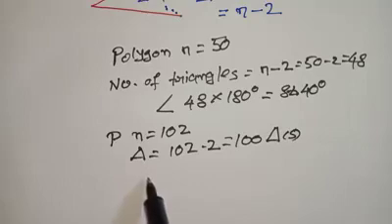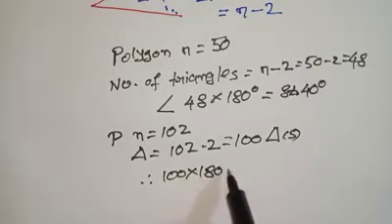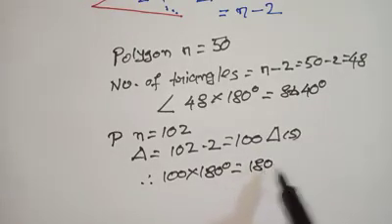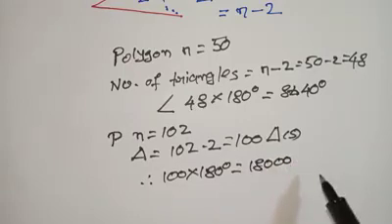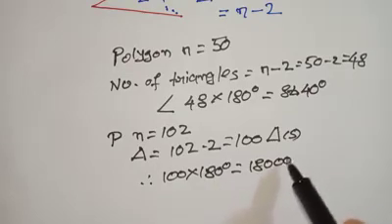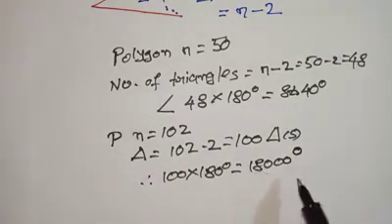And the sum of the angles would be 100 multiplied by 180 degrees, which is 180 followed by 2 zeros. That means it is 18,000 degrees.